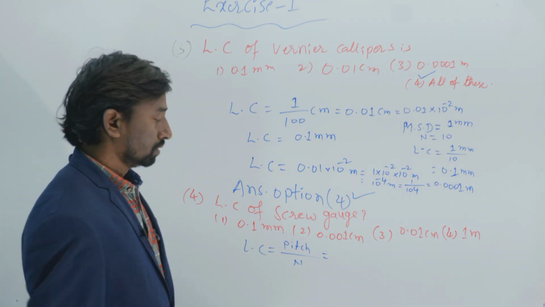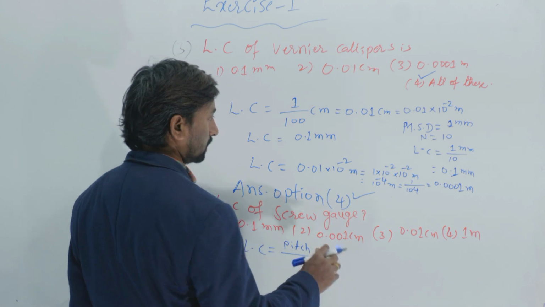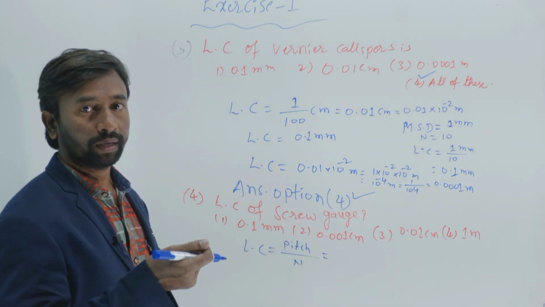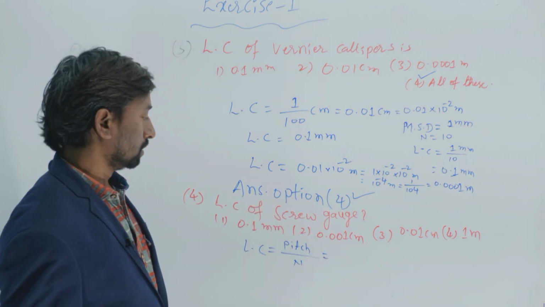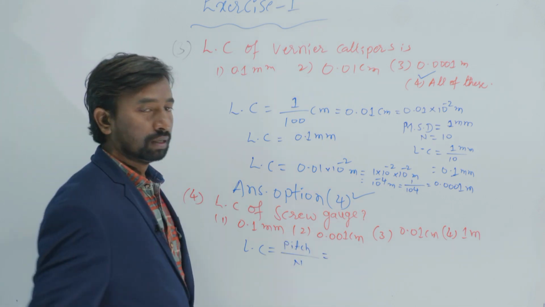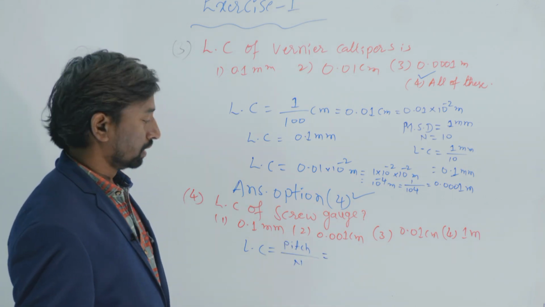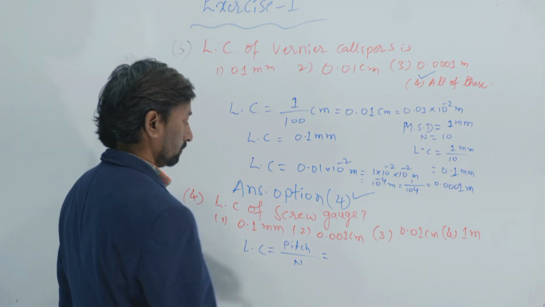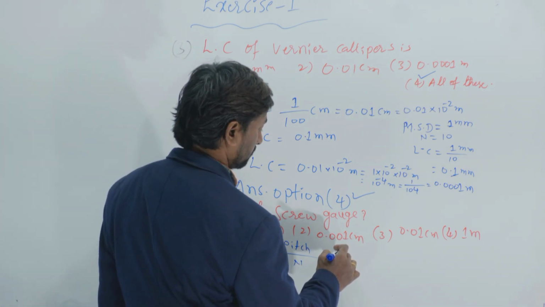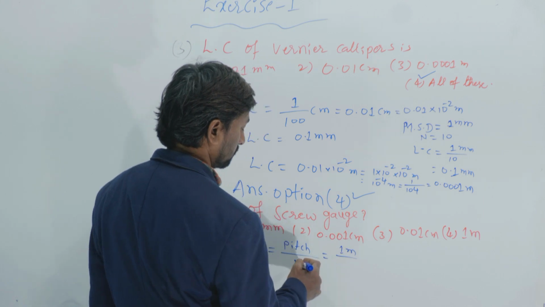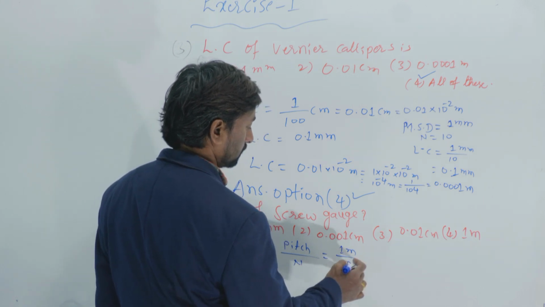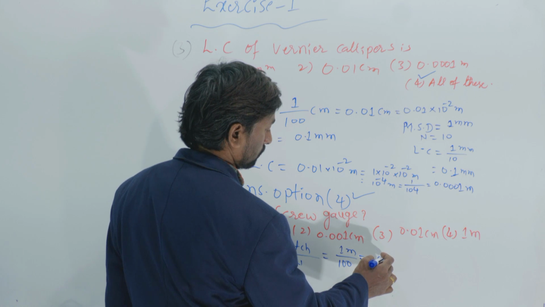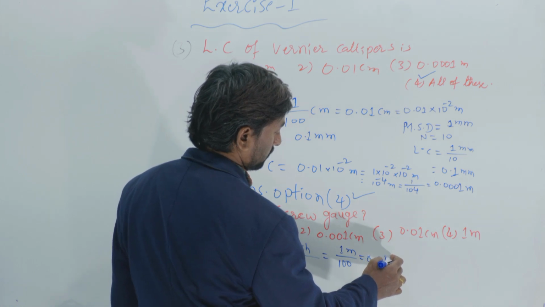There are 100 divisions on the circular scale. So we can write 1 mm divided by 100, because if it is rotated one complete rotation, it will move one distance. Pitch is nothing but the distance moved by the circular scale on the main scale by one complete rotation. So we get 0.01 millimeter.